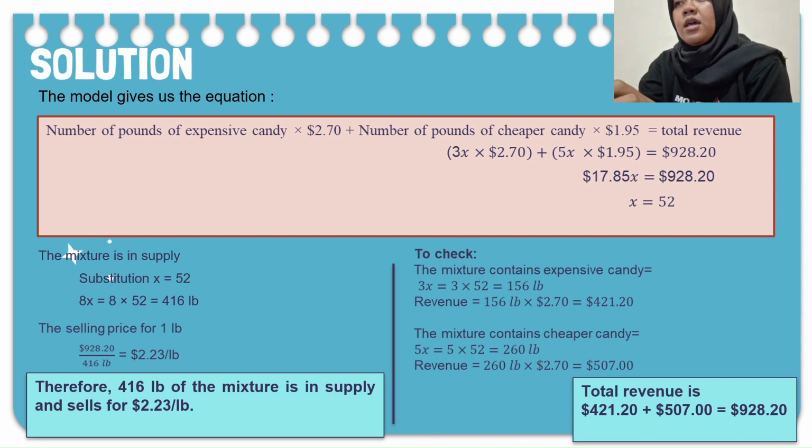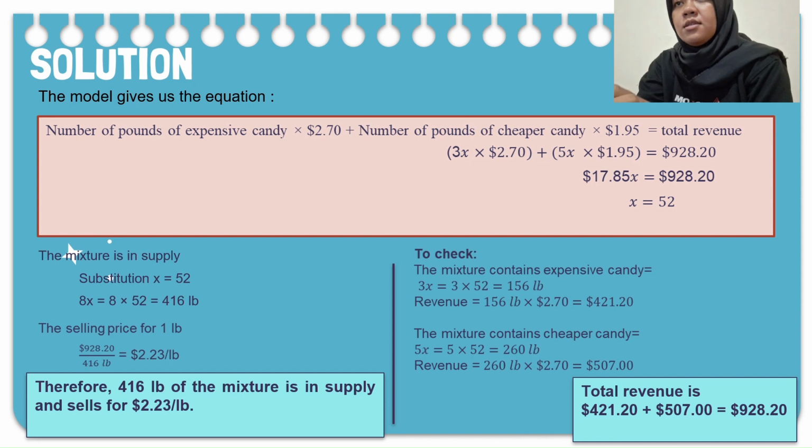And we substitute: the number of pounds of expensive candy is 3x times $2.70 plus 5x for the number of pounds of cheaper candy times $1.95 is $928.20 for total revenue.